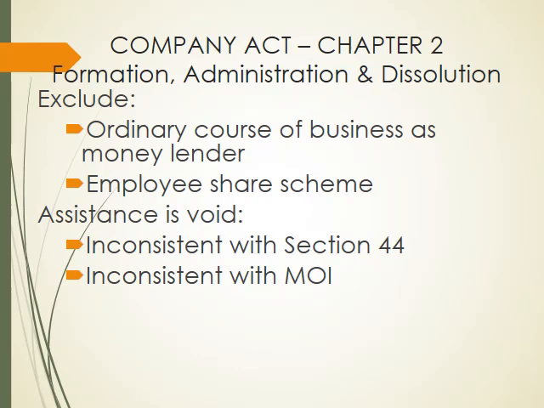Or where the financial assistance is provided as part of an employee share scheme, where all of the employees are then subject to the specific conditions of the scheme. The financial assistance is void if it's inconsistent with this section of the Act or inconsistent with any of the provisions of the MOI.